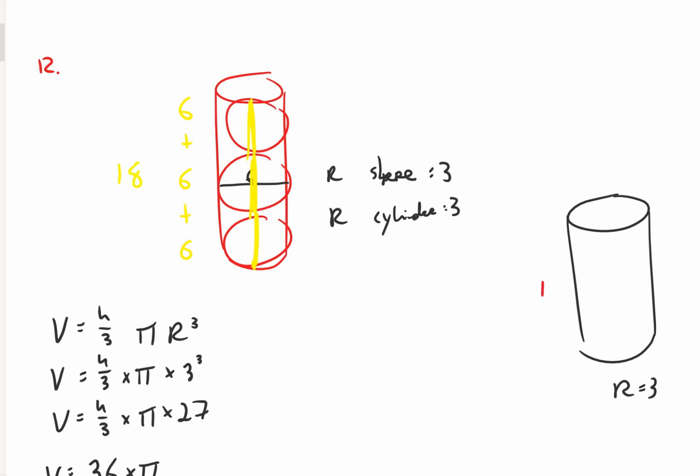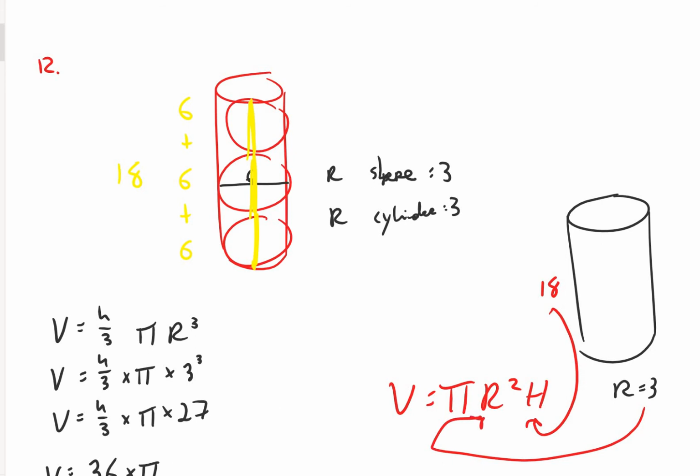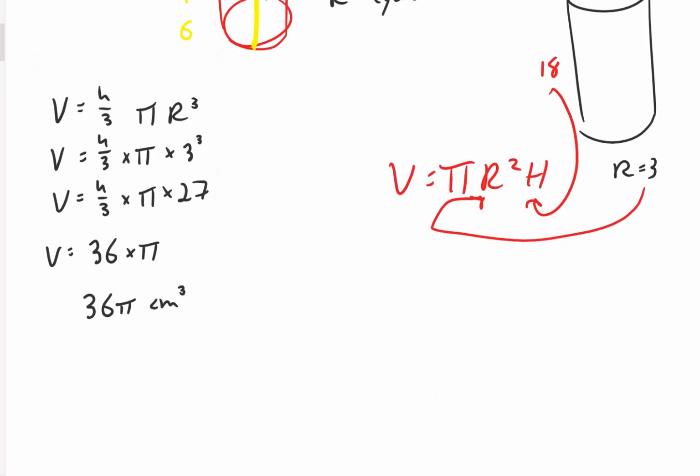So the height of this is 18. So volume equals pi r squared h. Put in the 18 here, put in the radius here. I'm not going to do it out for you because you should be well able to do that at this stage. You should get 162 pi centimeters squared.